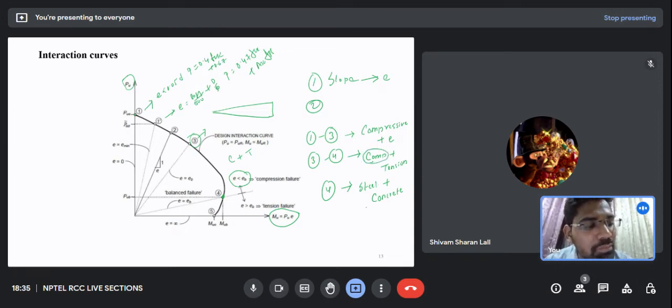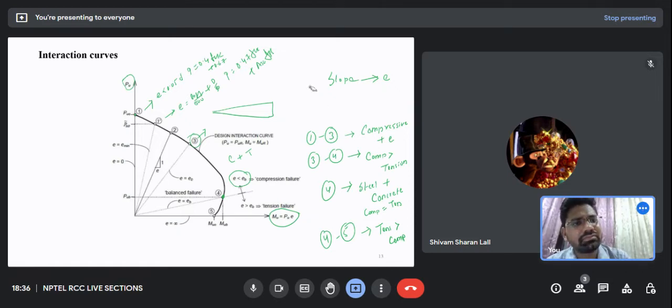At 4, both compression and tension are equal. And when we go further from 4 to 5, my tension will be greater than compression. Here compression is greater than tension. So these are all the five cases, I think.